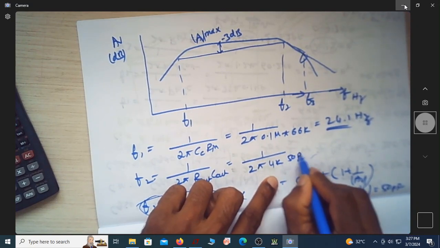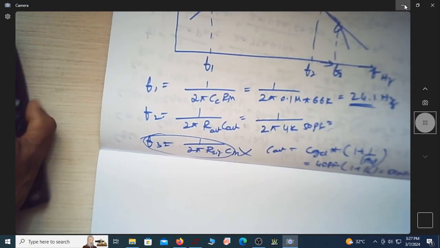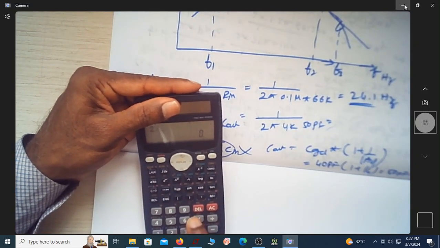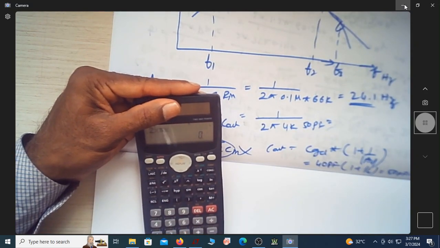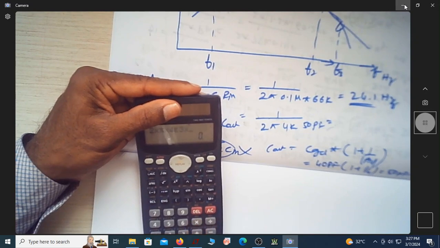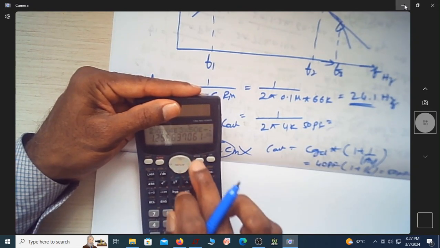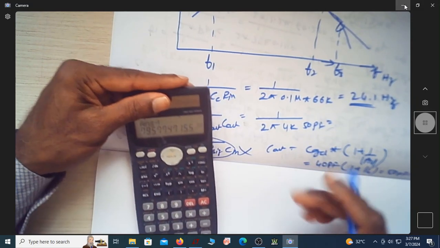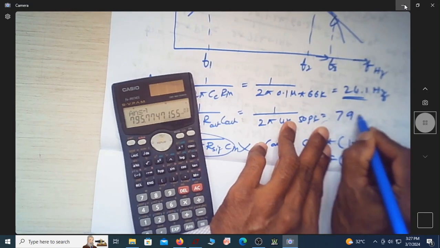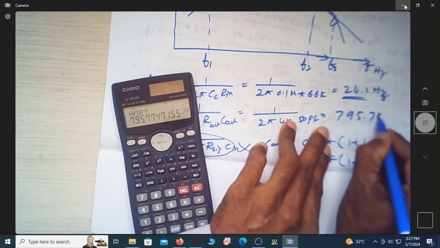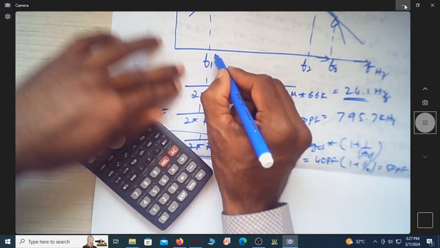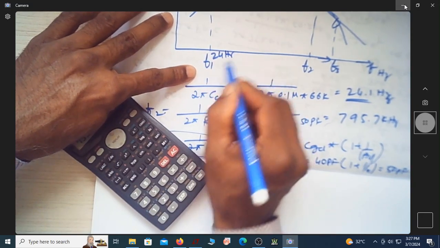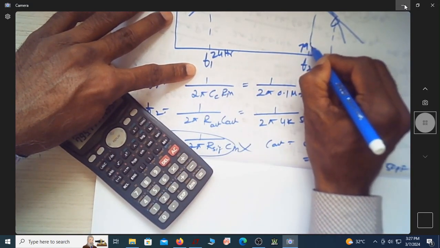How much is that? 2 into pi into 4 exponential 3 into 50 exponential minus 12. Okay, 1 over this is 795.7 kilohertz. This is 24 hertz, whereas this is 795 kilohertz.